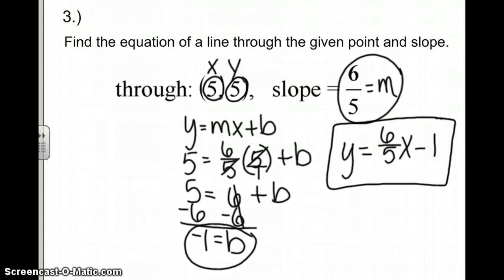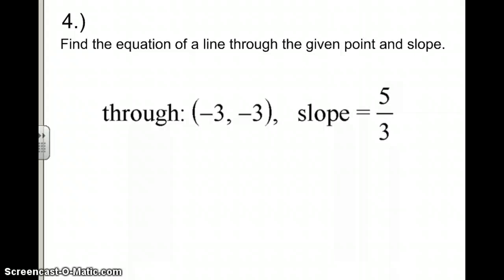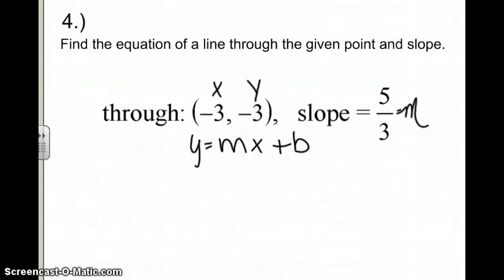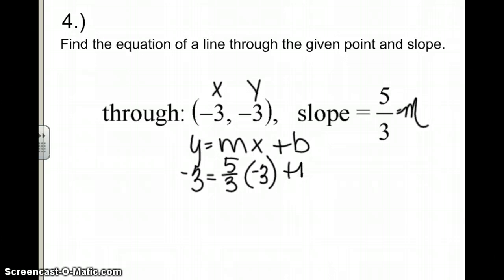Hopefully I'm not going too fast with this because this should just be a review. Let's try one more together. Again, we have an ordered pair, x and y, and we have our m, our slope. Using y equals mx plus b, fill in everything you have, which is y is -3, m is 5/3, x is -3, and b is what we're trying to find.